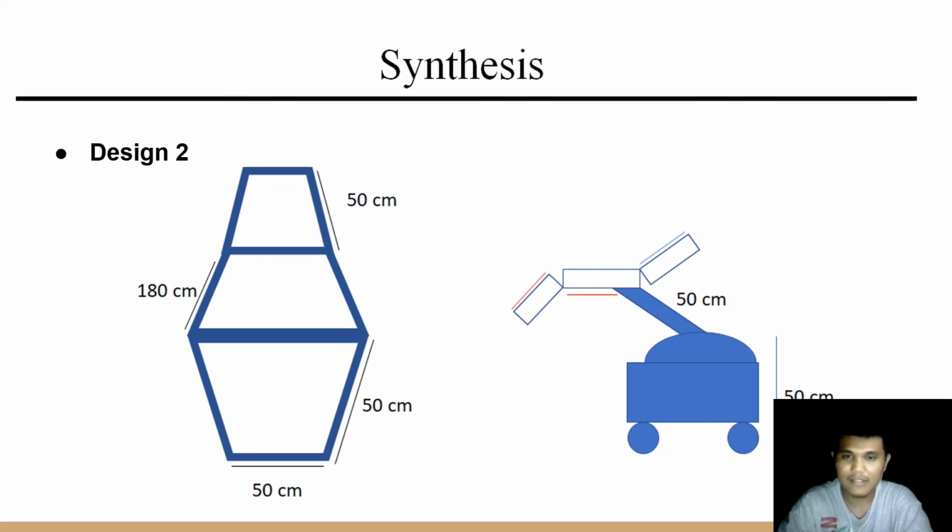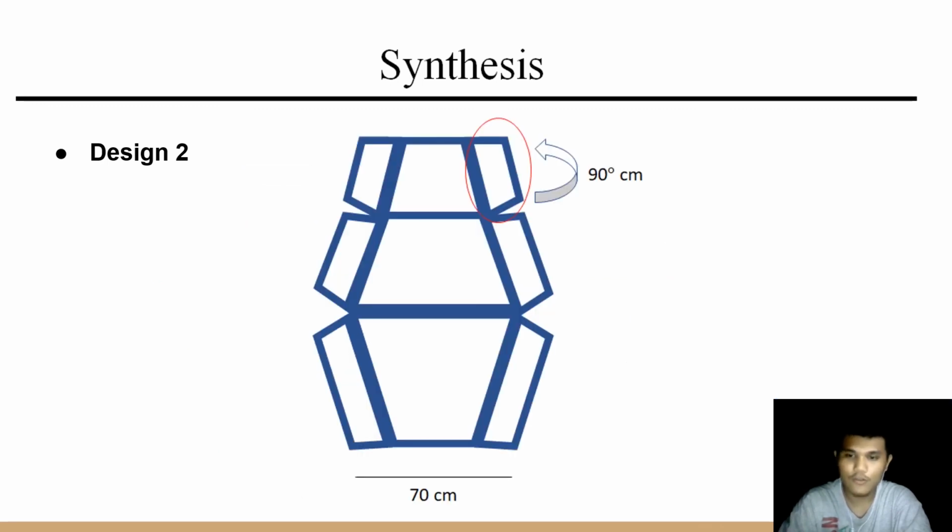It has the chair and also the autonomous part. This part is where the chair can be folded and carried around. Also, we put an expander on the chair so that when the patient is lying, the chair can be expanded and have more space. That's all for design 2.